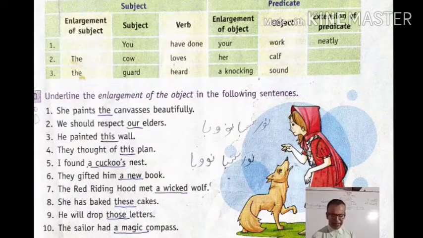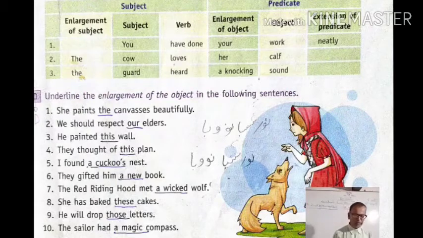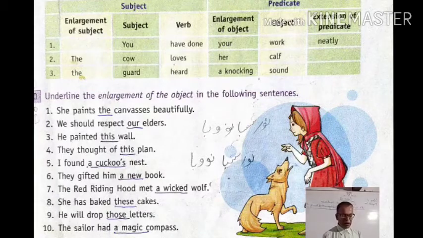Second sentence, the cow loves her calf. Subject is cow, and the is coming before the subject, so it is called the enlargement of the subject. Loves is the verb part, calf is the object part, and her is coming before the object, so it is the enlargement of the object. There is no word coming after the object, so there is no extension of predicate.